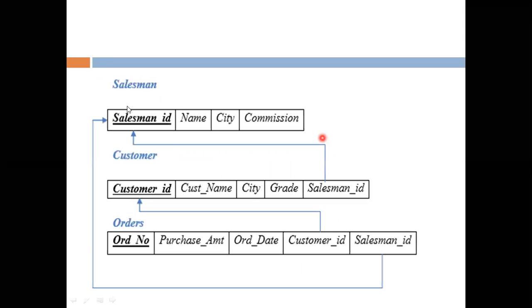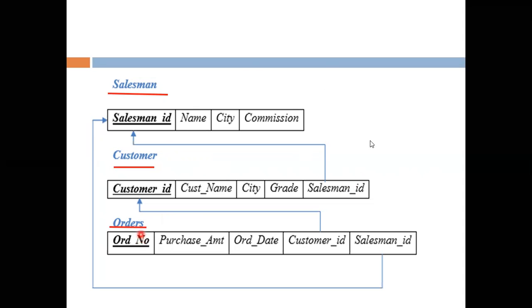Now let us talk about all these five queries. Okay. So we have three tables, right? One is salesman, the second one is customer, and the third one is orders. And if you see, salesman ID will be the primary key and here it will be the foreign key.